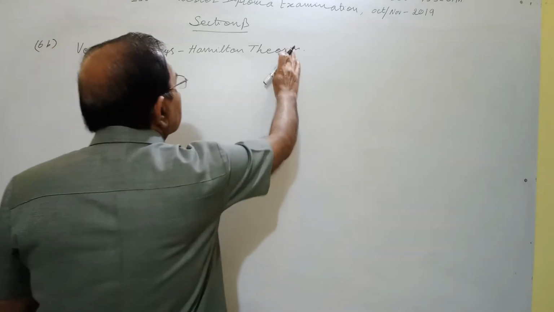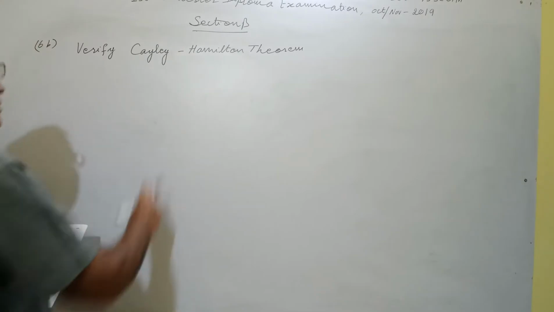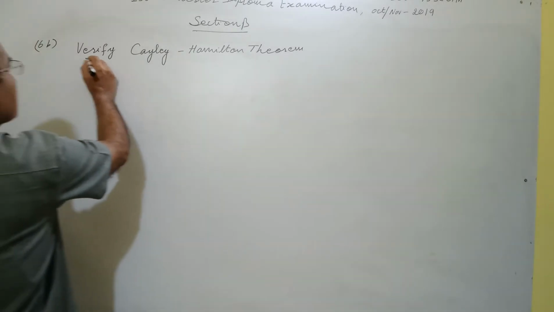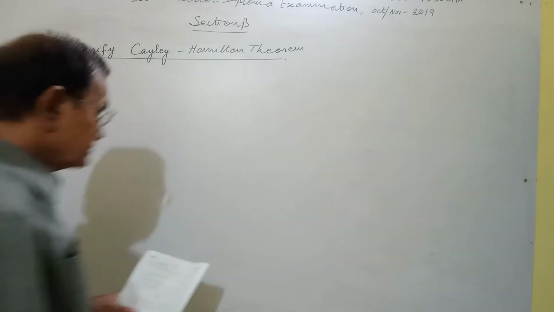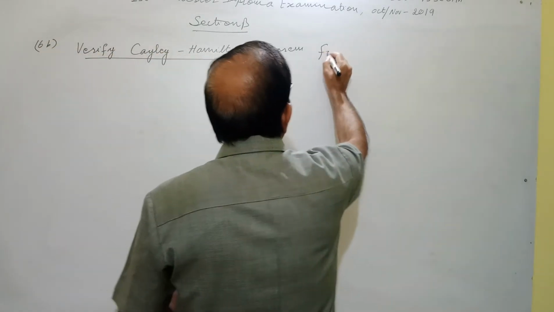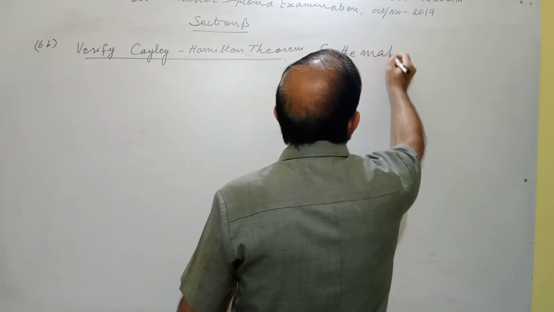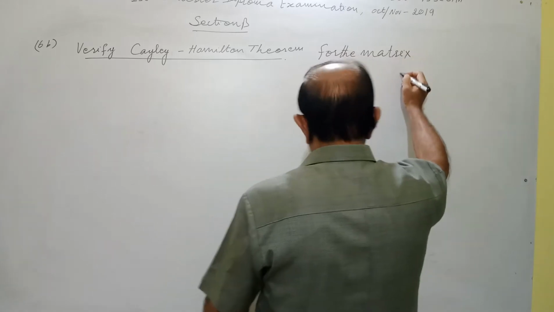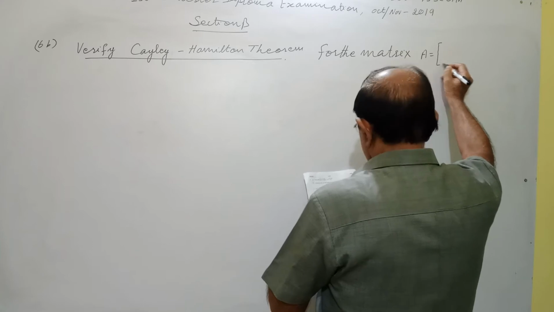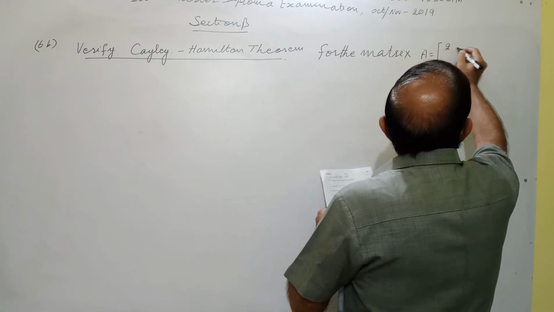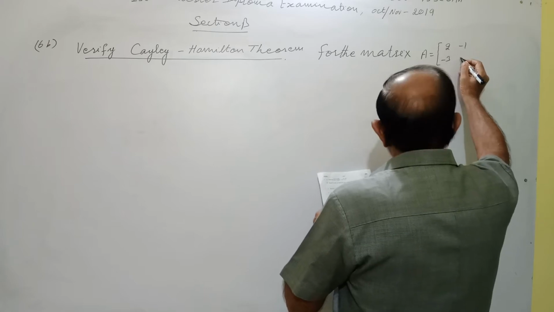So we have to verify Cayley-Hamilton theorem with the matrix A equals [2, -1; -3, 1].